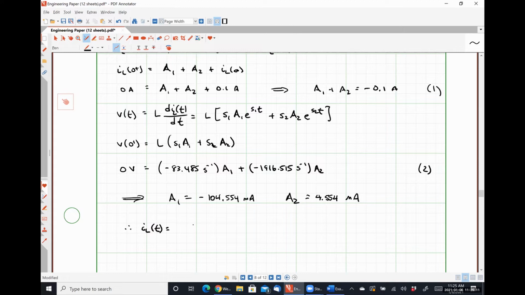From this, IL of t is negative 104.554 e to the minus 83.485 t plus 4.554 e to the minus 1916.515 t plus 0.1, or plus 100 milliamps would be a better way to put it.